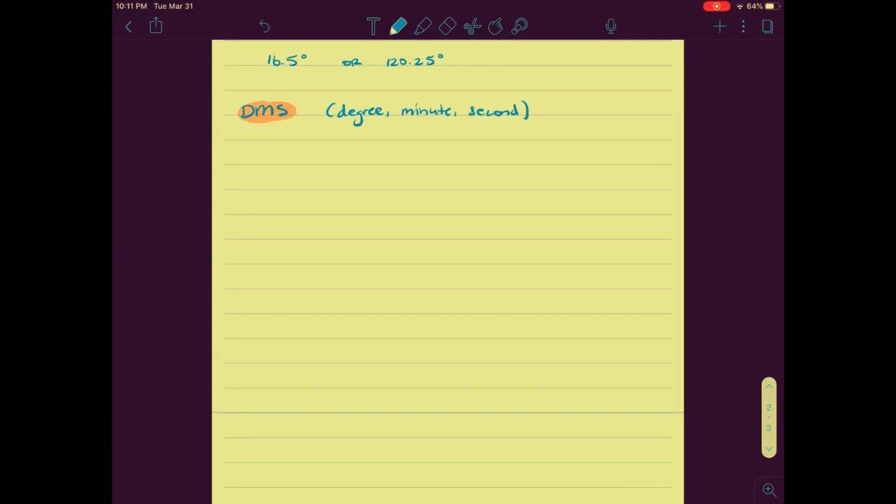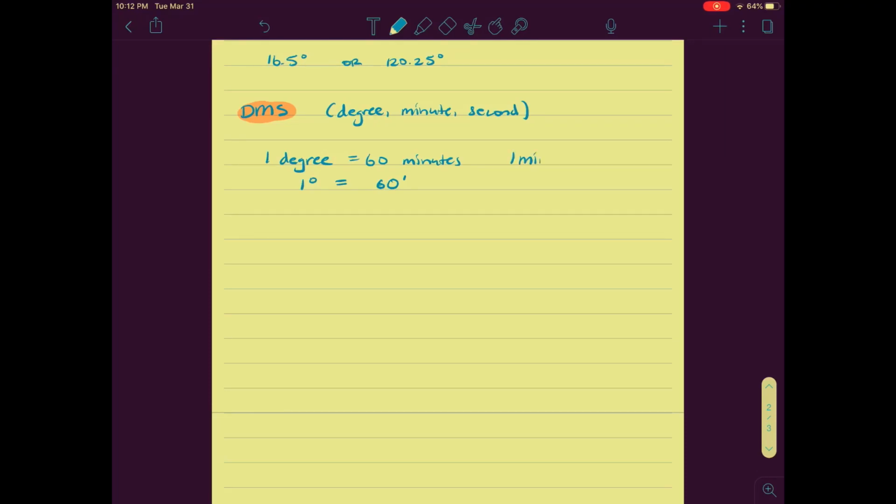And so the way DMS works is that the degree will be divided into 60 equal parts called minutes. So 1 degree is equivalent to 60 minutes. You could almost think of the degree as like an hour. And another way we can express this is like so. And the minute can be further divided into 60 equal parts, which we call seconds.